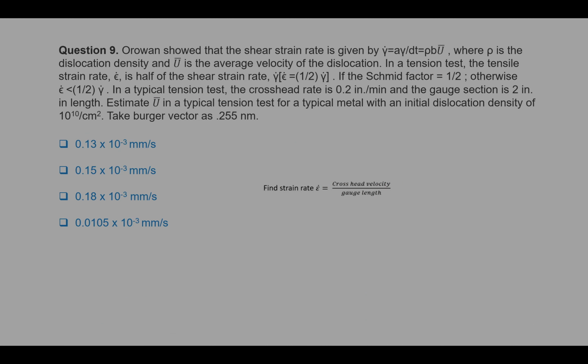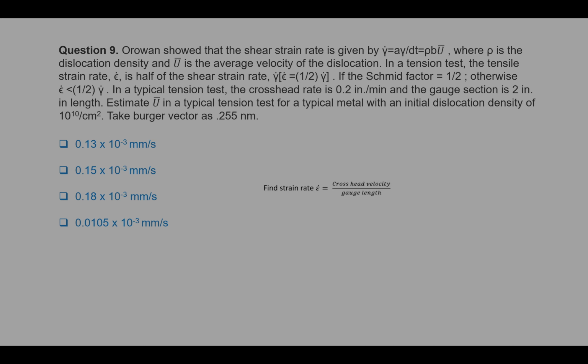Now question number 9, they have said that the shear strain rate is given by d gamma by dt is equal to rho b u bar, where rho is the dislocation density and u bar is the average velocity of the dislocation.